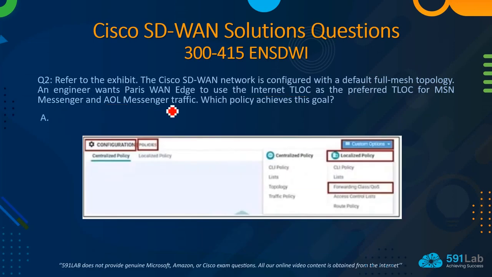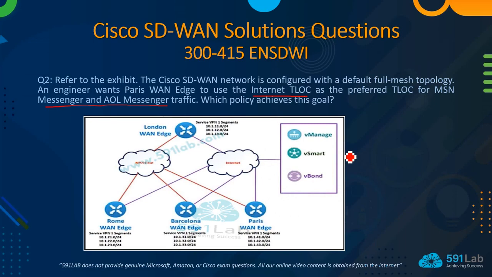Okay, we have here a local policy and quality of service. The local policy is not the correct answer because we are using for all WAN edges to use this internet.